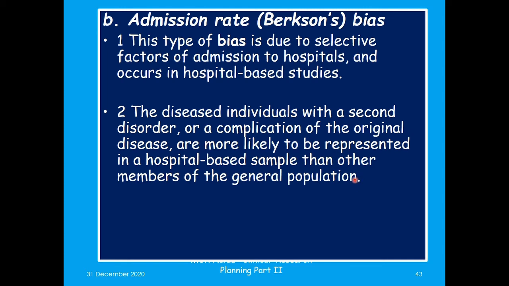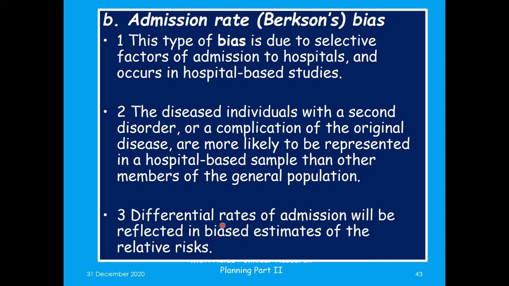And the third is that different rates of admission are reflected in biased estimates of relative risk. Because of relative risk, an individual patient may not like to go to a particular hospital. He will prefer to go to another hospital because of a particular risk.